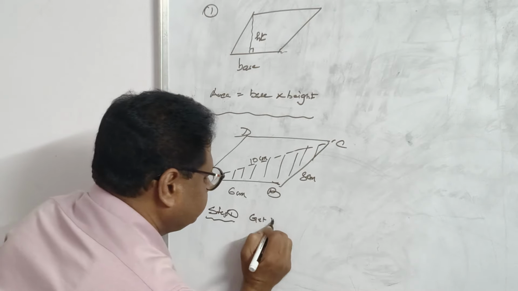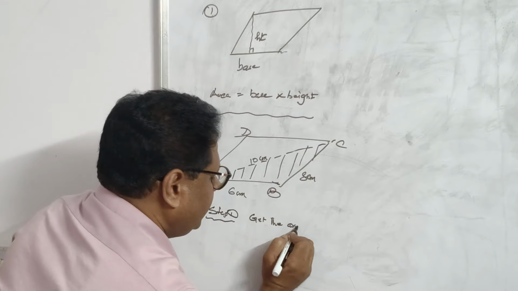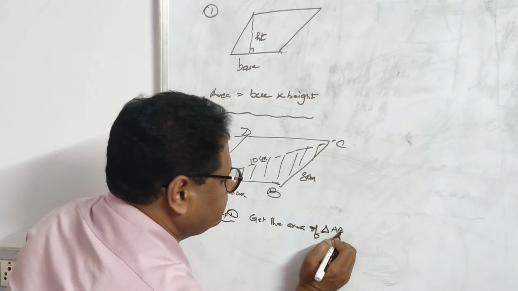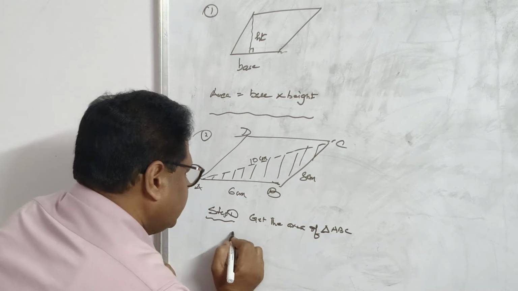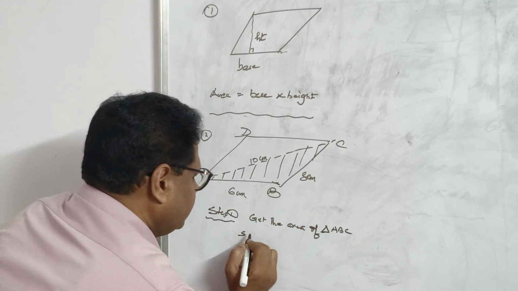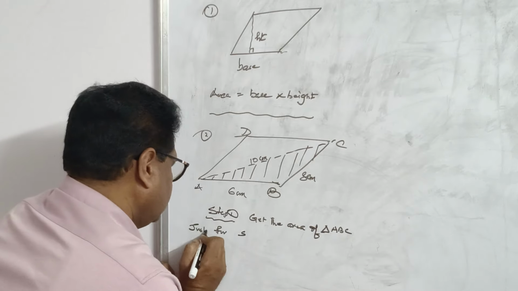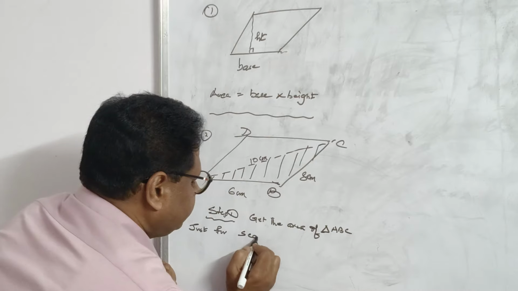So the first step is to get the area of triangle ABC, applying the formula for scalene triangle.